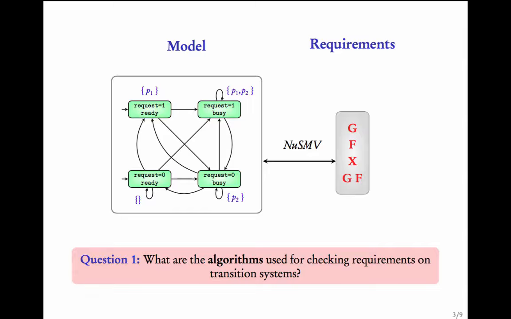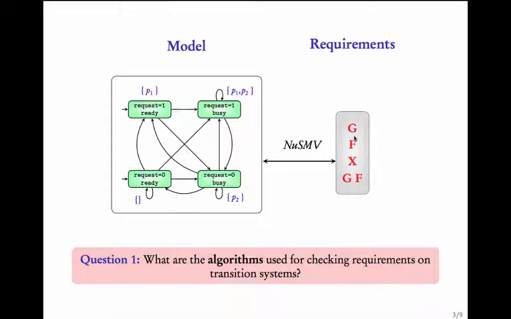The question that we ask now is, what are the algorithms used inside NewSMV for checking these requirements on transition systems? We just know that NewSMV does something and gives out an answer.